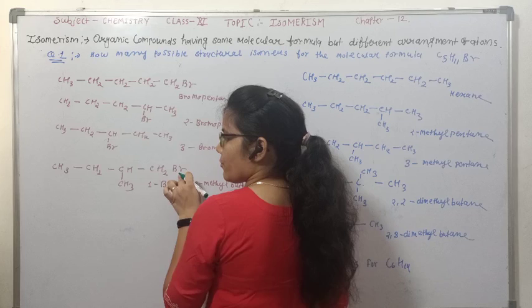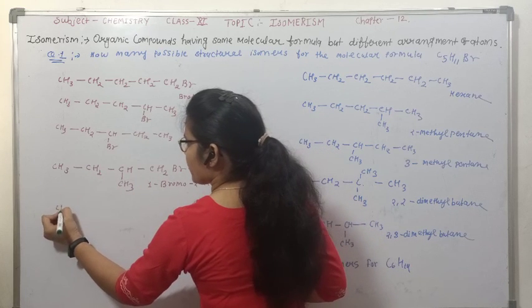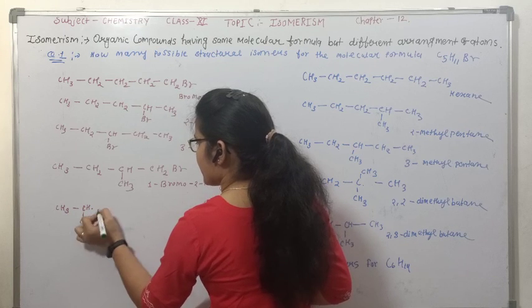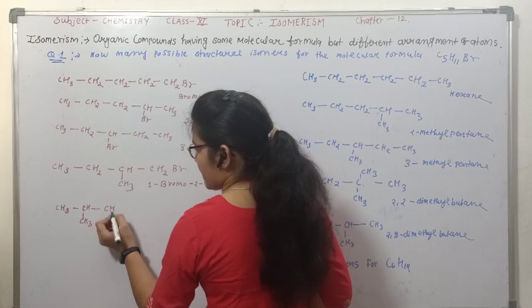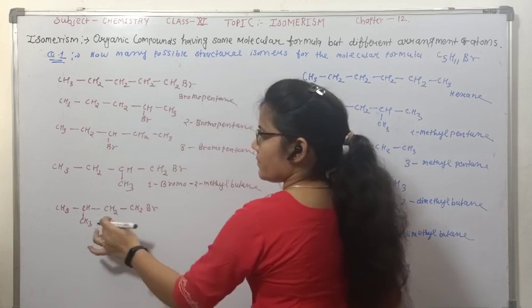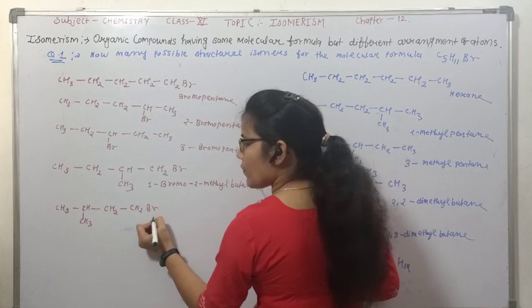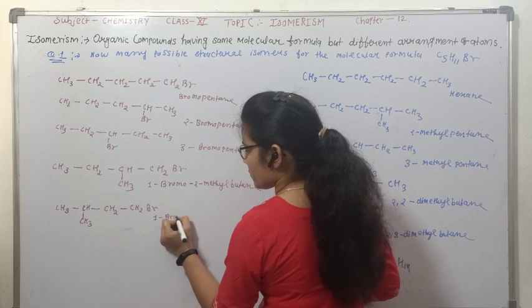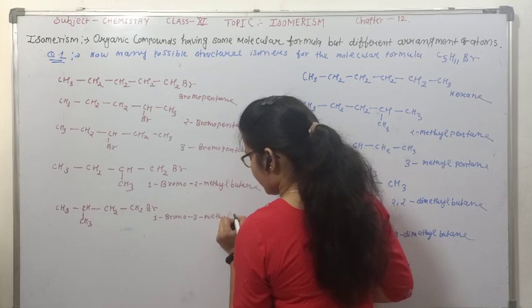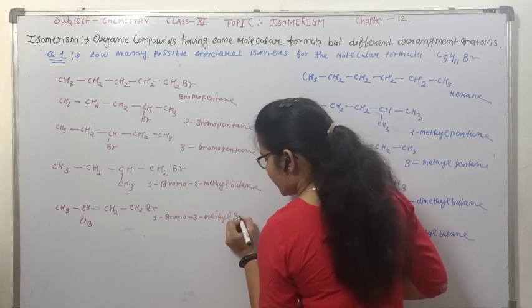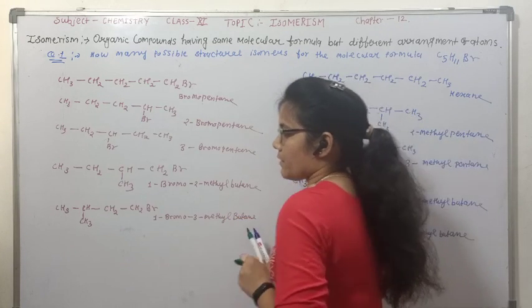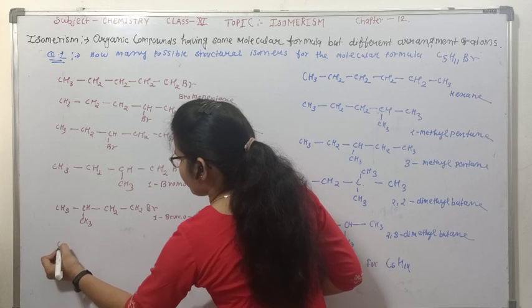Now keep the bromine group here and move the methyl group over. This is 1-bromo-3-methyl butane. Okay. Now change the position of bromine also.